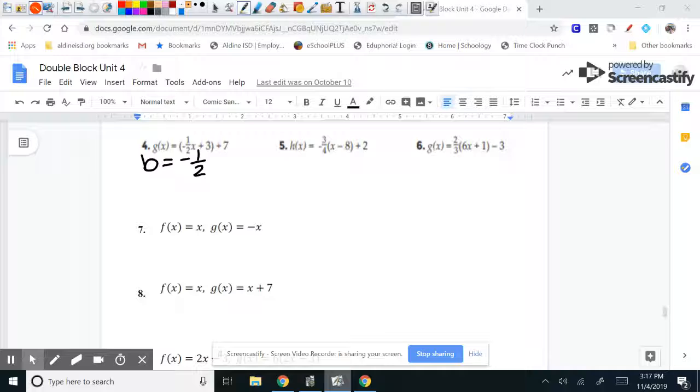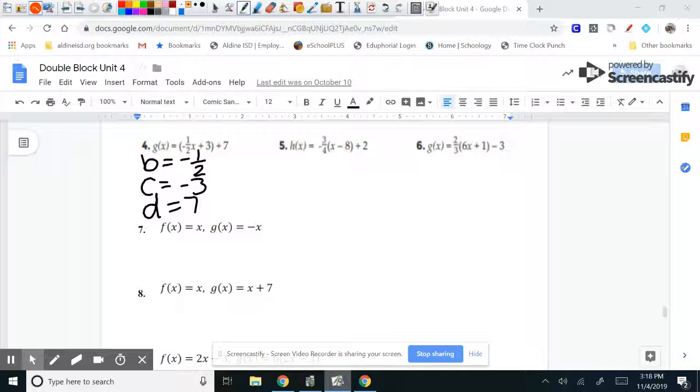You need to look at that and think of 1/2 as 0.5. The number 3 is inside the parentheses, so that's the letter C, and we do the opposite, so it's -3. Remember, you go and look what happens when it's a plus sign inside the parentheses. They're going to move left or right. The 7 is outside, so that's the letter D. Make sure you look inside your foldable and see, because it's a +7, is it going to move up or down?